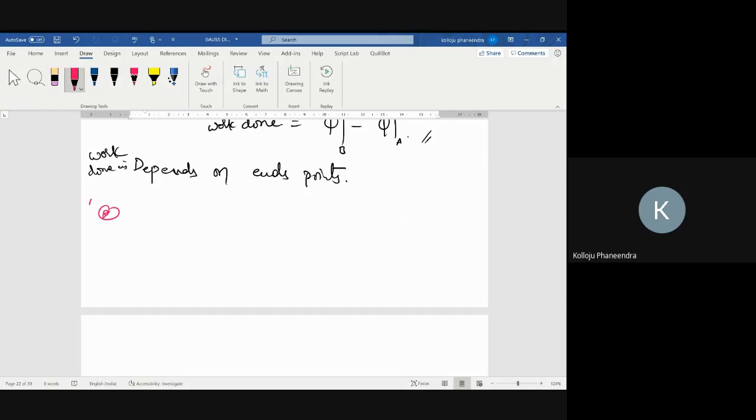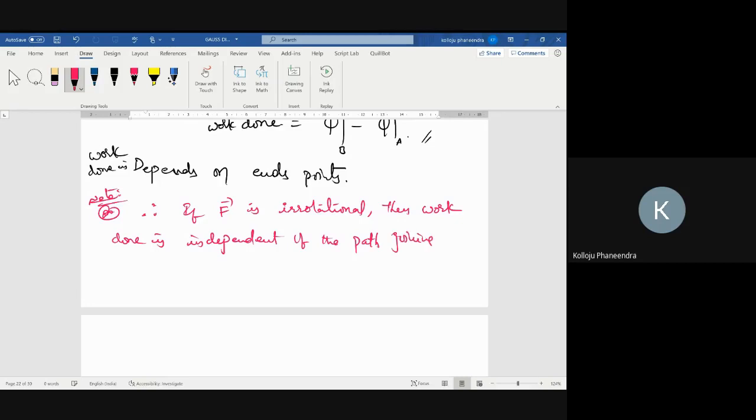And one more important point, note: if f bar is irrotational, then the work done is independent of the path joining the points A and B, and depends only on the endpoints, evaluated with the scalar potential function.